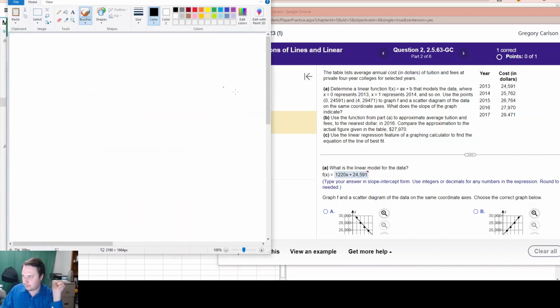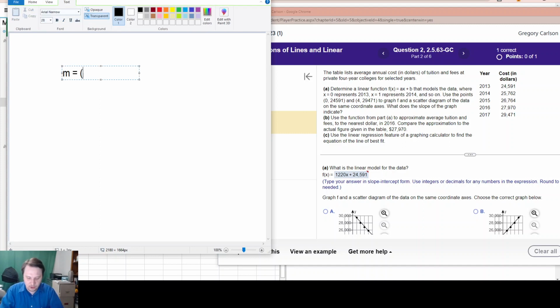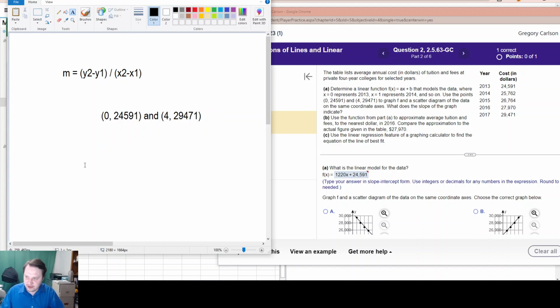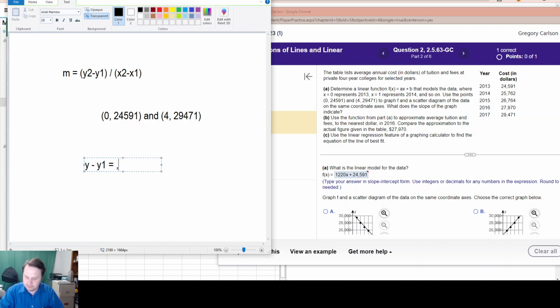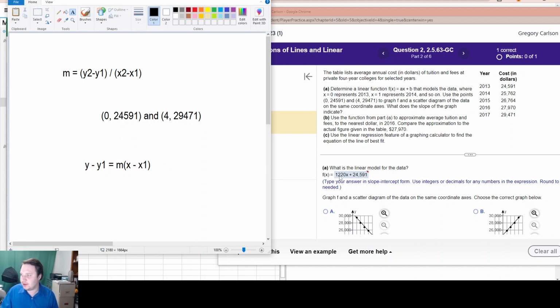So once again, if I had done m equals y2 minus y1 divided by x2 minus x1 with these 2 points, 0, 24591 and 4, 29471, just like we did the previous problem, and then if I had done the equation big Y minus little y equals m times big X minus little x with one of the points after solving for m, then you would have gotten this equation.